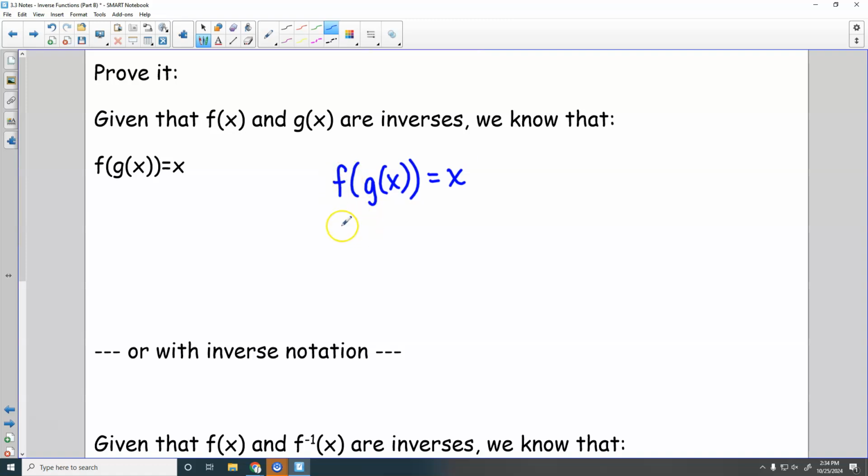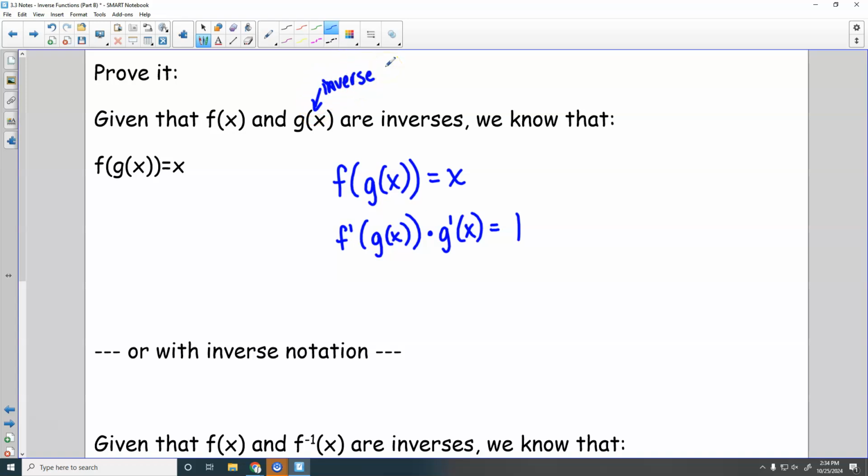So the derivative of f would be f prime of g of x. And then I would have to multiply that by g prime of x. And what's the derivative of x? 1. Okay? Now, what we're finding here, f and g are inverses, so g is the inverse.